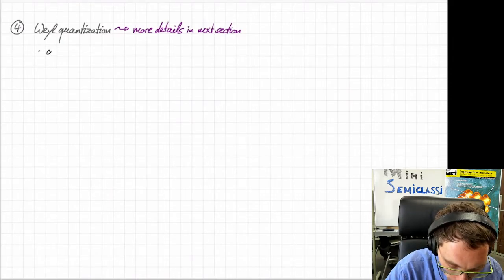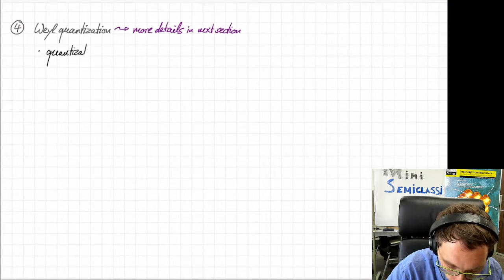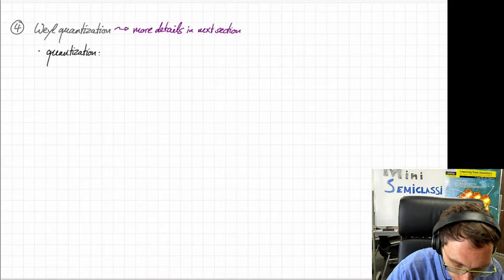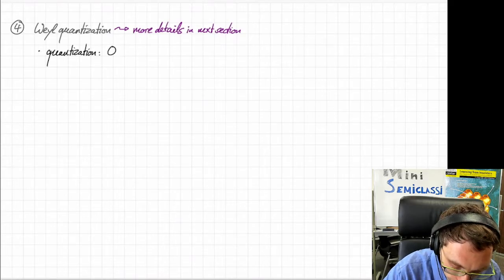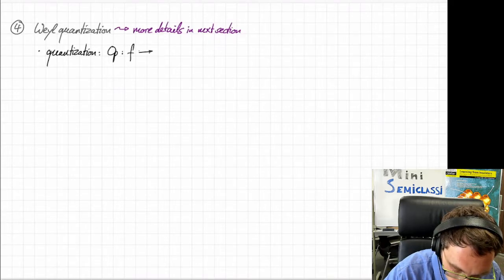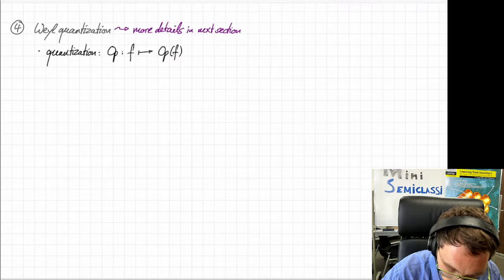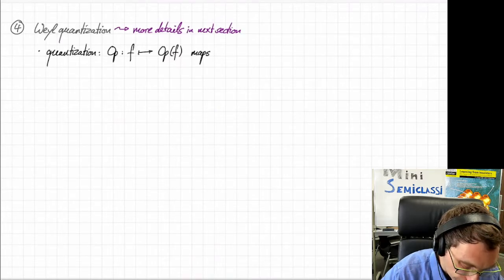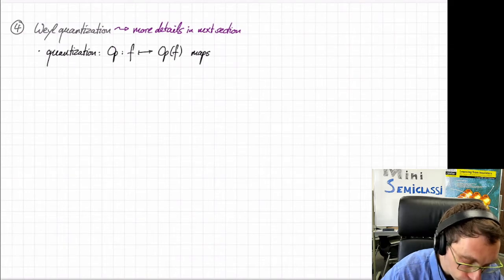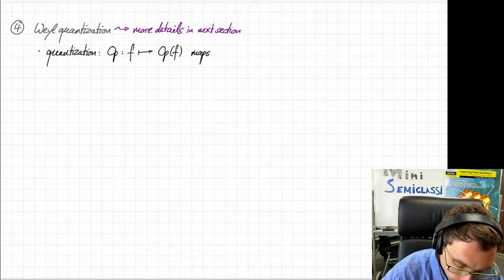So quantization is a mathematical map. Let me call this op, that maps functions onto operators. Of course, the functions have to be suitable, whatever that means for the moment.